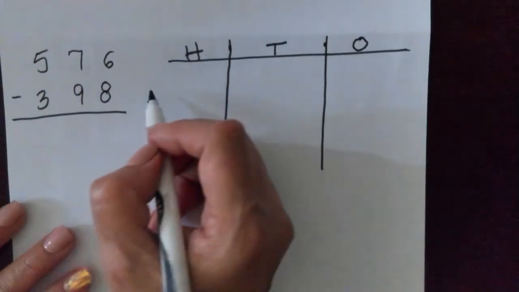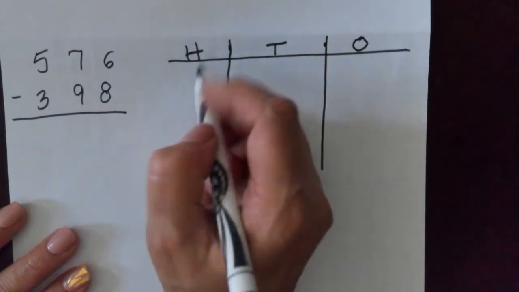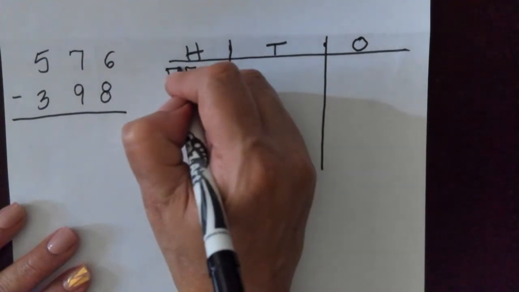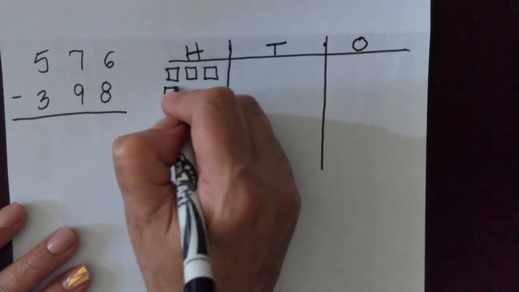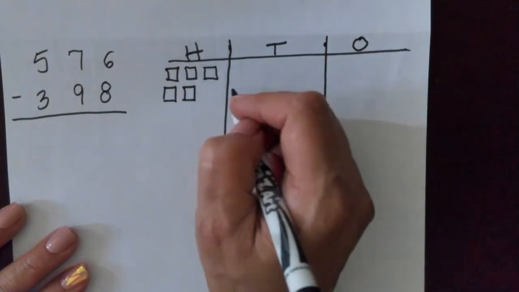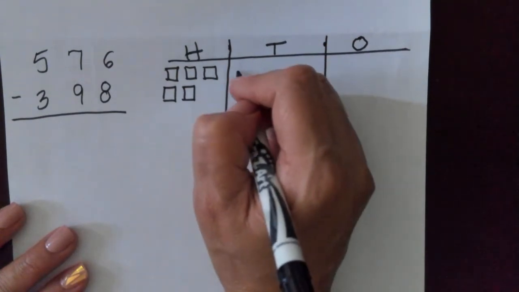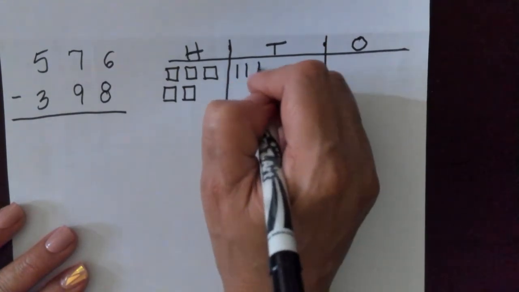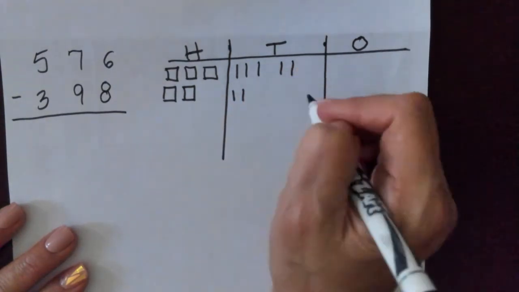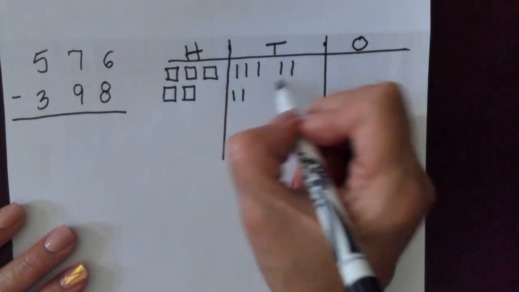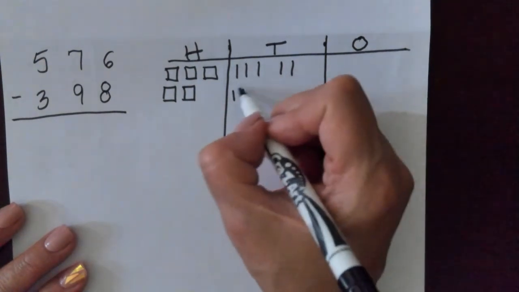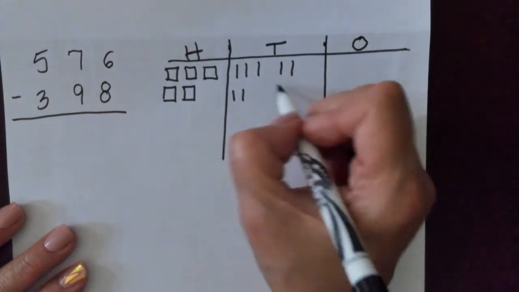Okay, now I'm going to start, it's 5, so I'm going to start over here. 1, 2, 3, 4, 5. Okay, now the tens. 1, 2, 3, 4, 5, 6, 7. See? It's easy to look at 5, right? Instead of counting 1, 2, 3, 4, 5, 6, 7. It's just easier on the eyes. That's why I say to do it this way.